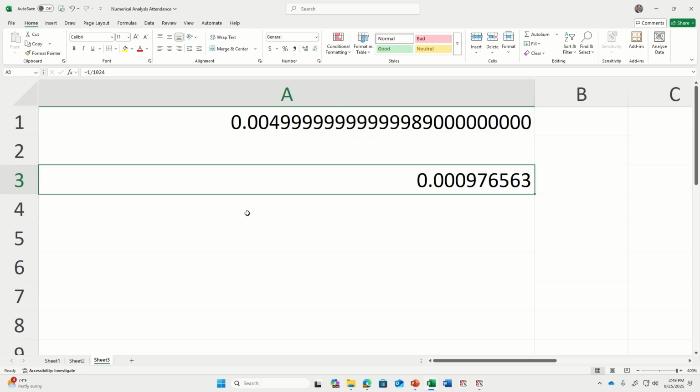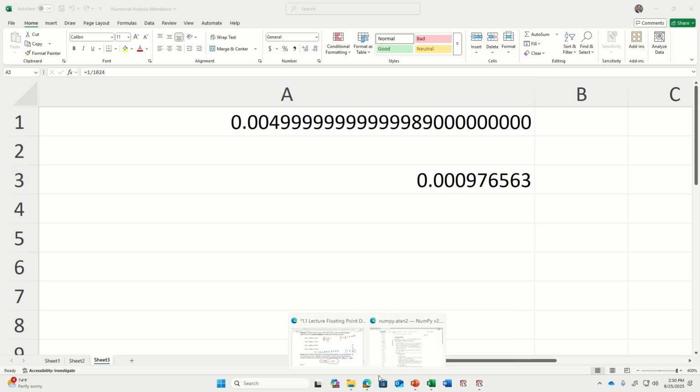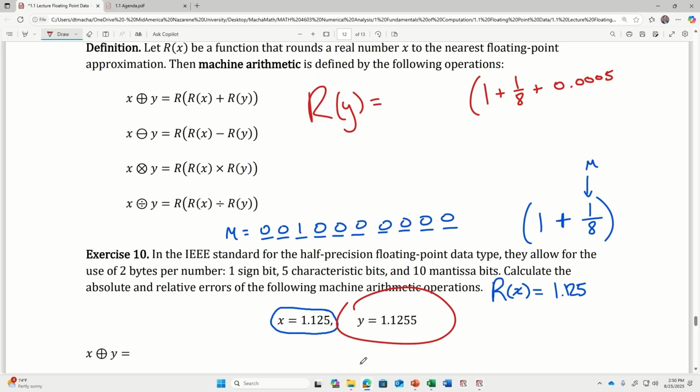I wouldn't stay at the same number. I would go up to the next number. Okay, cool. Very good. So then this is going to be like this. That is going to be the closest representable number to y.